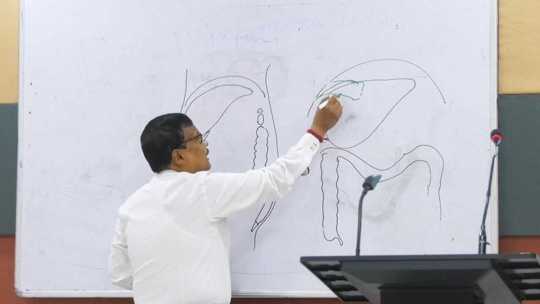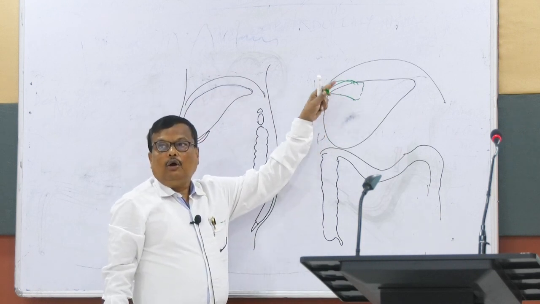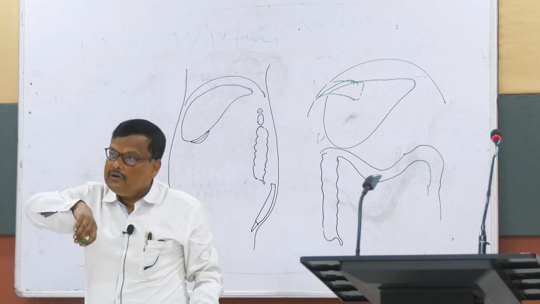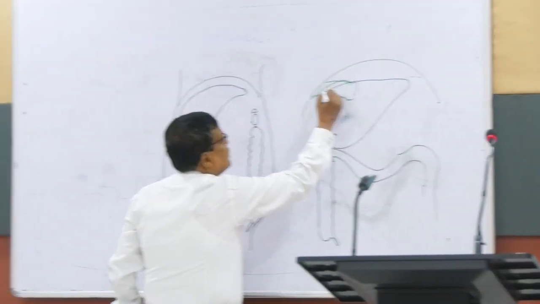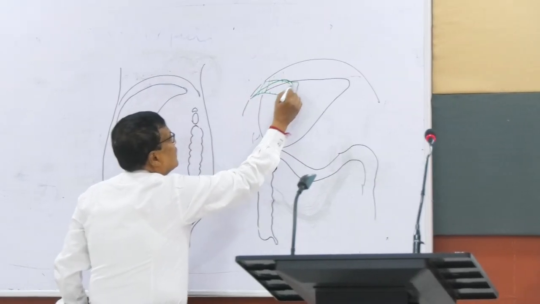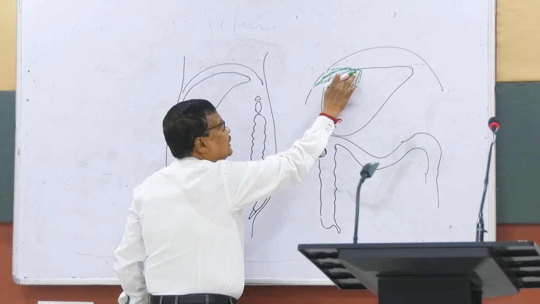This is known as the superior layer of the coronary ligament. On the back side, there is an inferior layer of the coronary ligament. Peritoneum is reflected to the diaphragm from here, leaving a triangular area uncovered by the peritoneum.